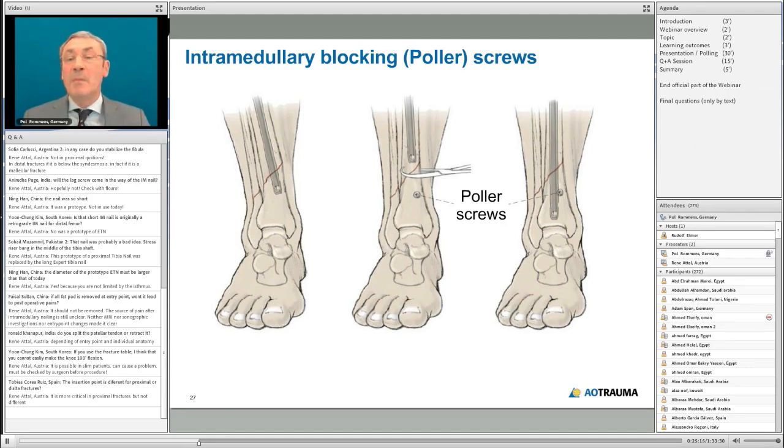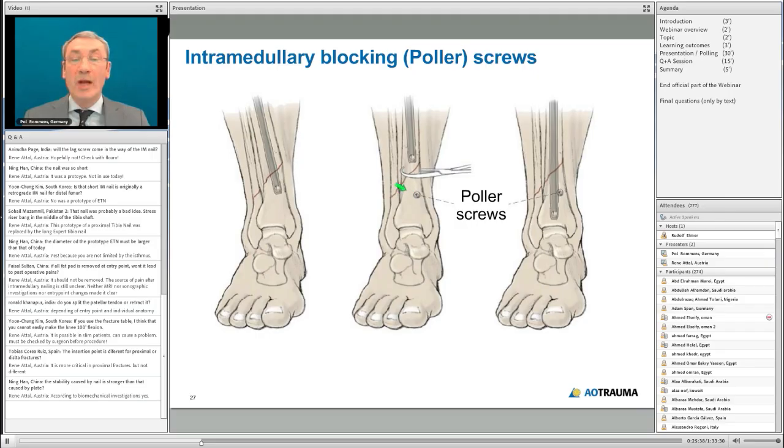If we take this nail back and put a polar screw just in the trajectory of the nail, it cannot go in there anymore and must choose a way more medially or more laterally. Here, a more lateral way will be chosen, and at the end, the nail will be placed in its optimal position in the distal tibia fragment.